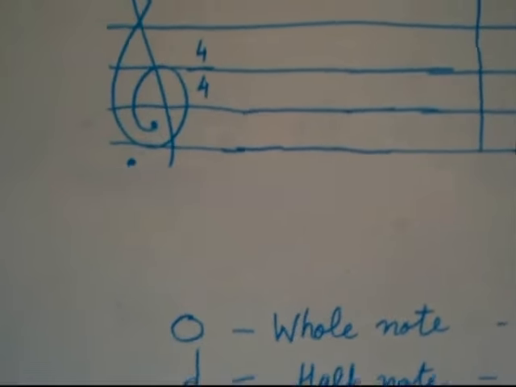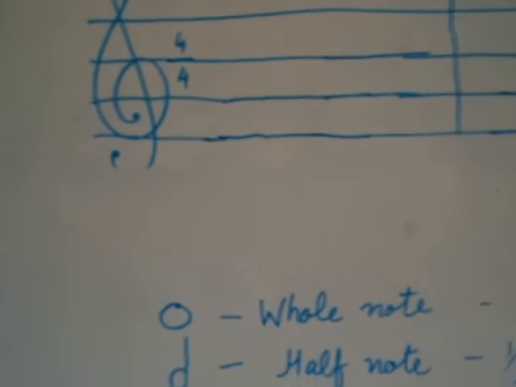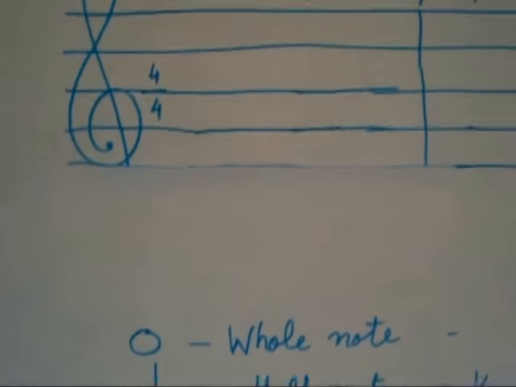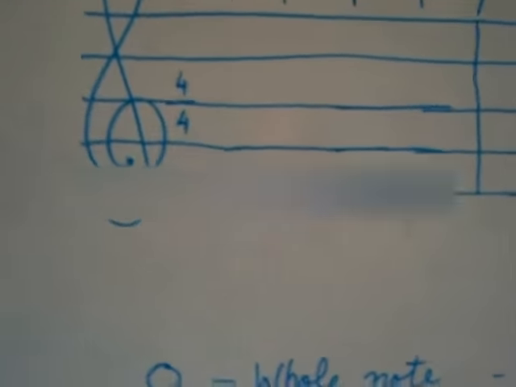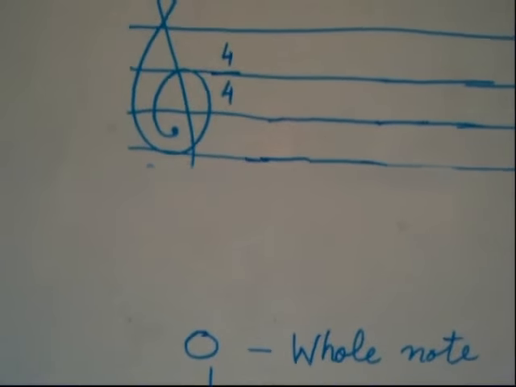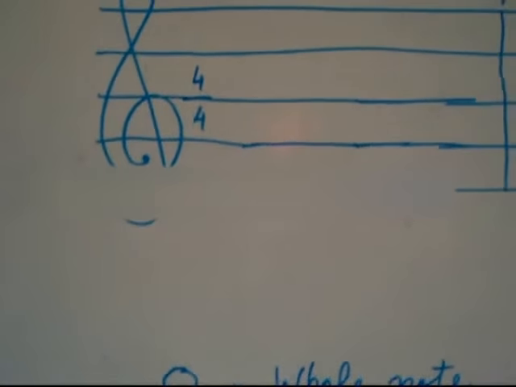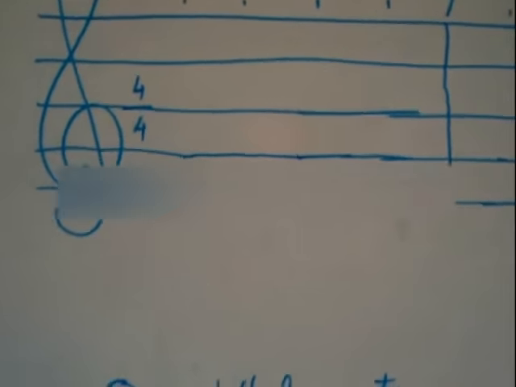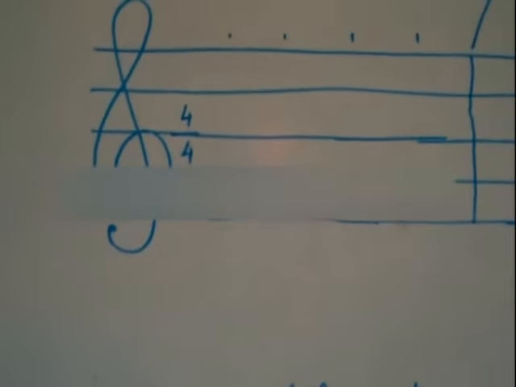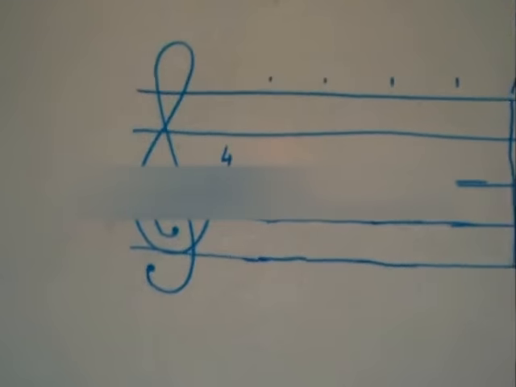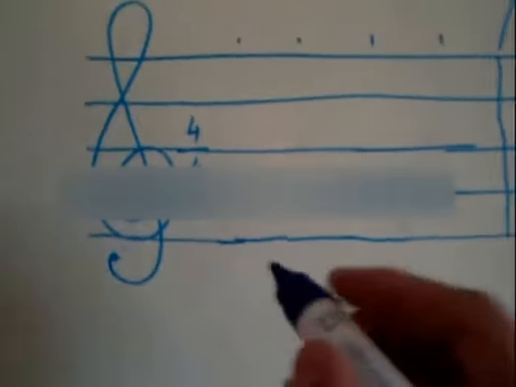It's like this: sa re ga ma pa da ni sa, sa re ga ma pa da ni sa, tang tang tang tang. Means there are 2 notes in one beat. Correct? So you have to write like this.